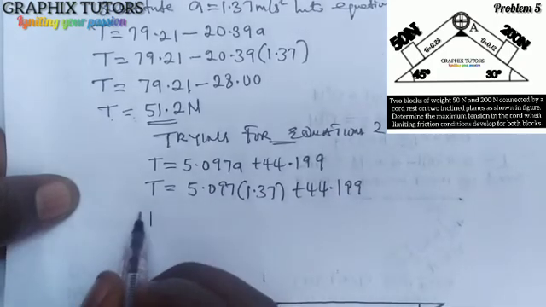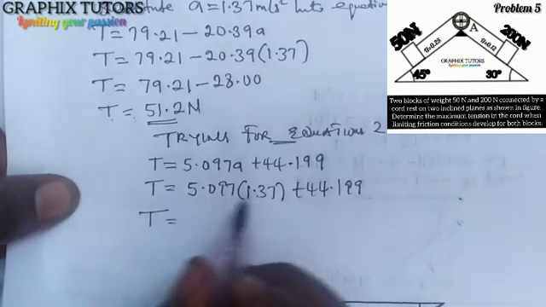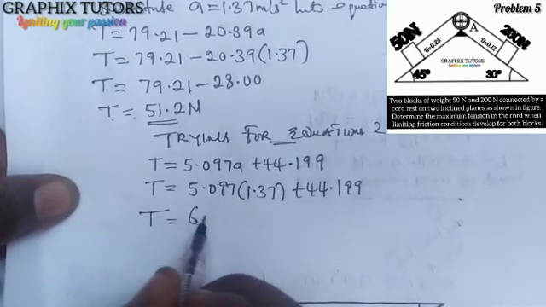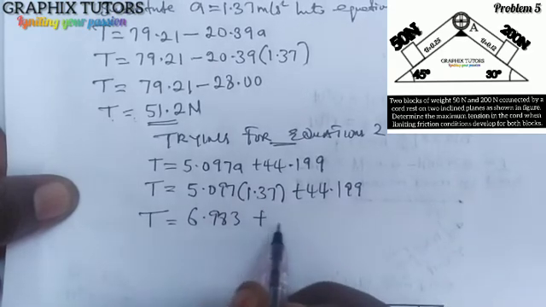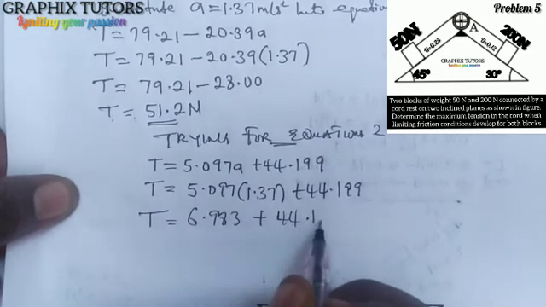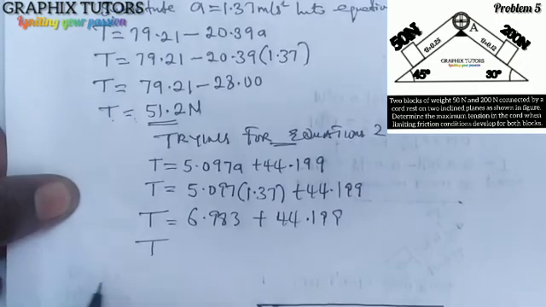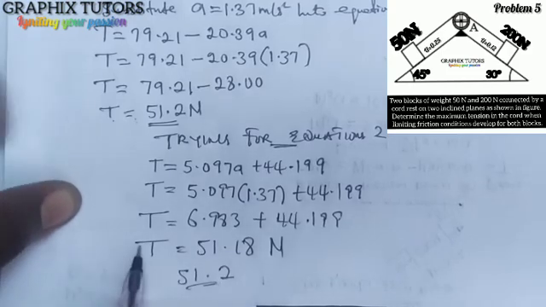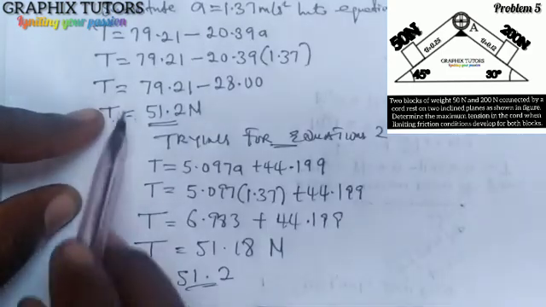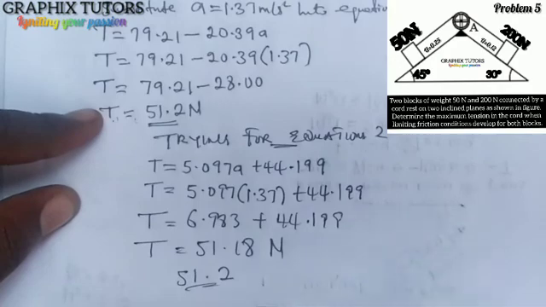You multiply these two, you have 6.983 plus 44.199. So T will give us 51.18 Newton, approximately 51.2. So what do you notice? T1 is equal to T2. You have the same value, right?